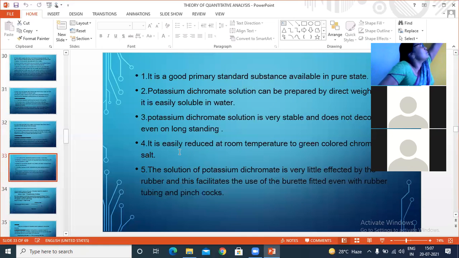It is a good primary standard substance available in a pure state.